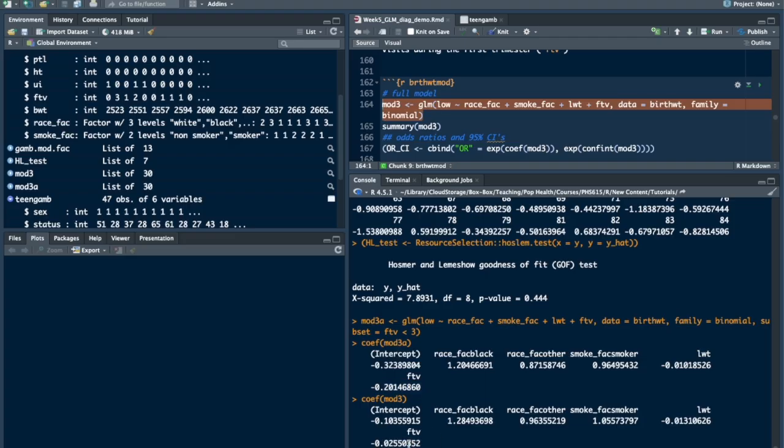With those two people, it gets smaller, interestingly. Everything else looks fairly similar, right? The coefficient for race, the contrast between black and white, other and white, smoker versus non-smoker, they look pretty similar. Low birth weight at the last visit looks similar.